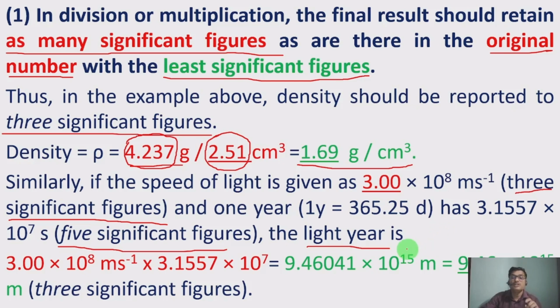For one whole year, the length of travel of light can be calculated by multiplying the speed of light with the time for 1 year.